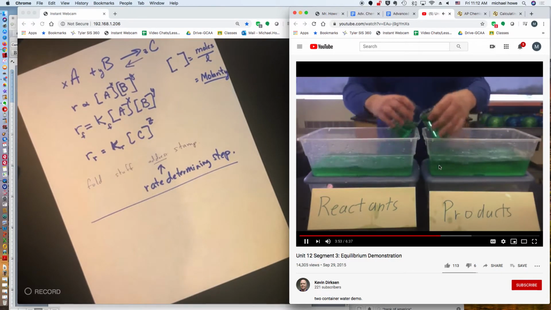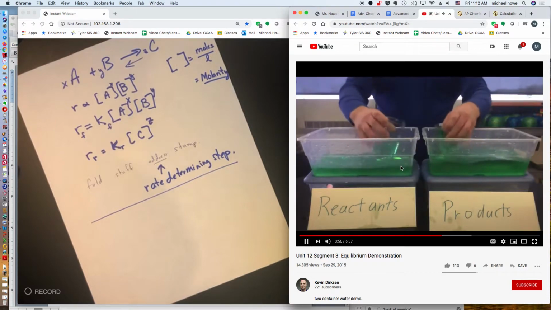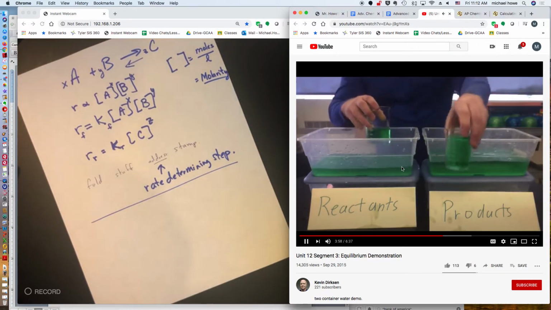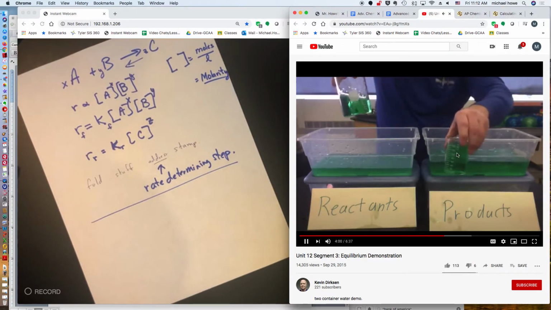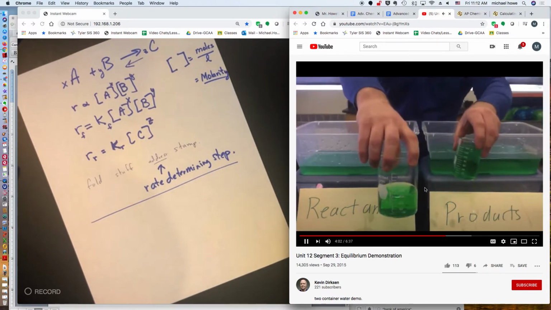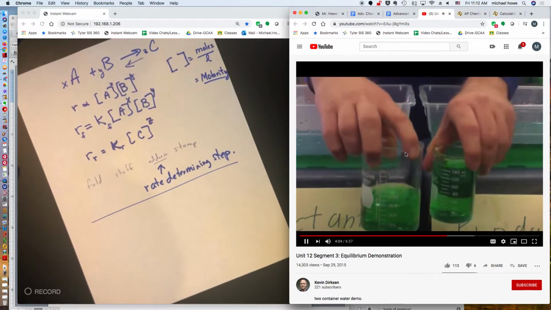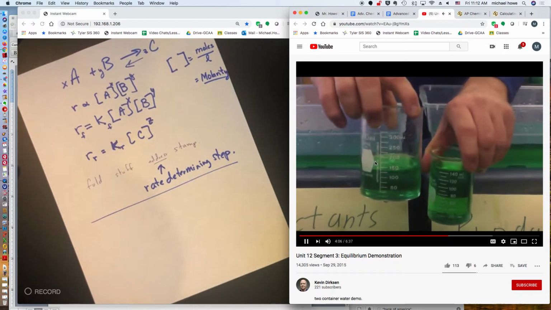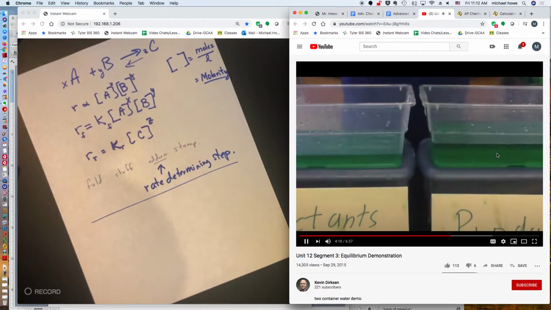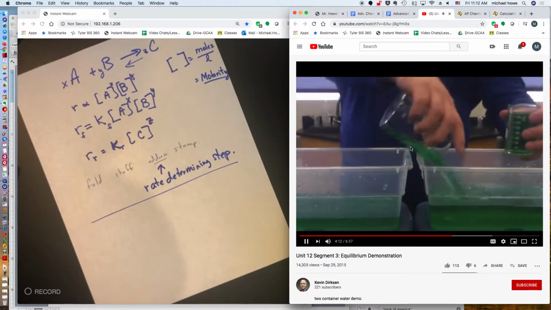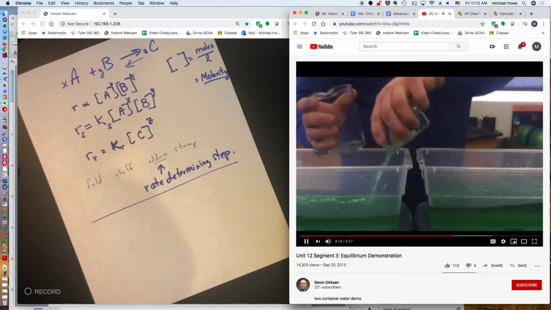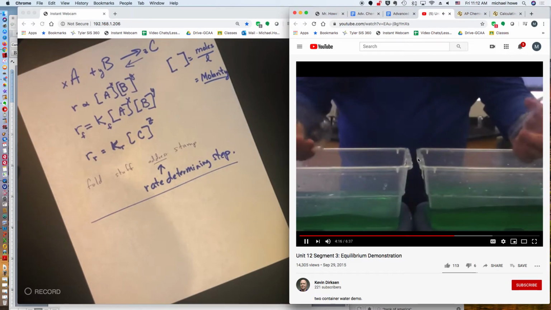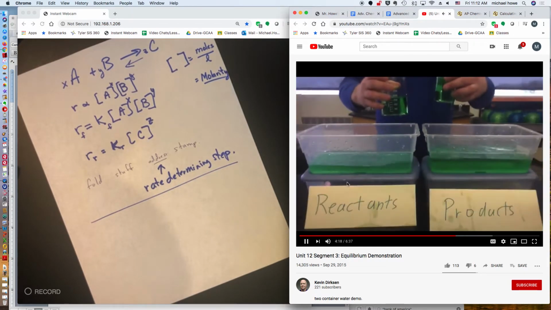So when we talk about equilibrium in chemistry, we're talking about equal rates of exchange. You'll notice that's about 140, and this is about 140. They're different size beakers, but we're trading back and forth 140 each time. When we do, the water levels are going to be constant, and the rate of exchange is constant. So equilibrium means the rate of exchange is constant, not that the concentrations are constant.